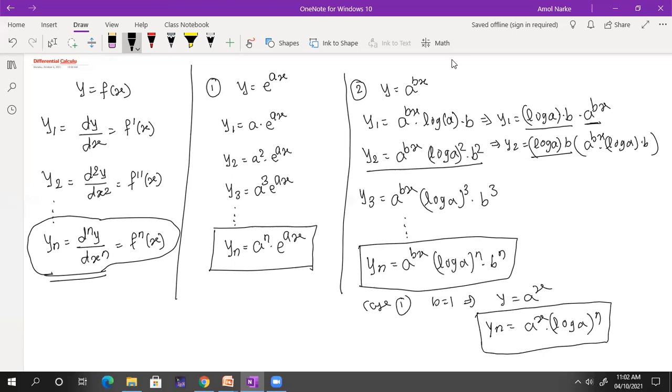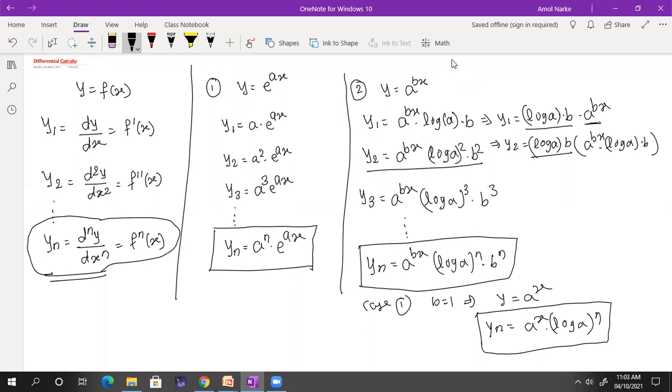Everyone got this? This is the second important formula. Can we go further? The next one. Yeah, please write down. So this is what we are dealing with: nth derivative of different functions.